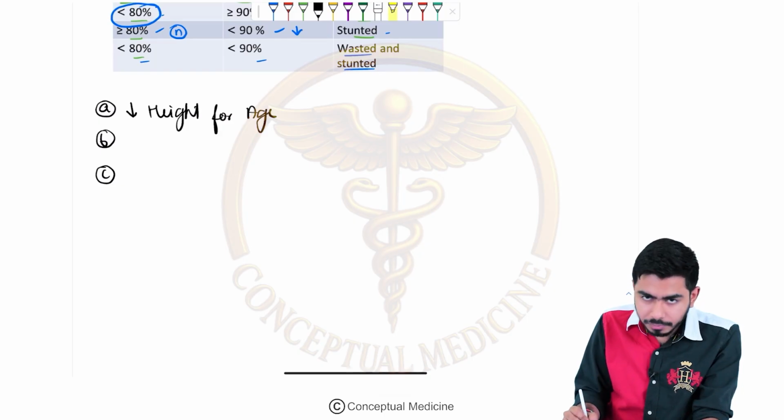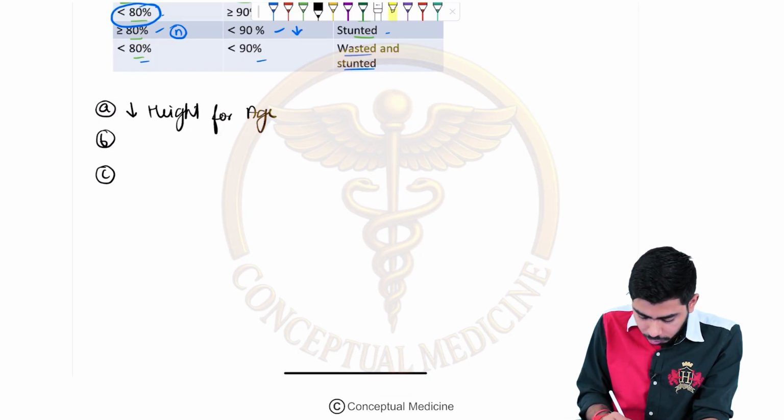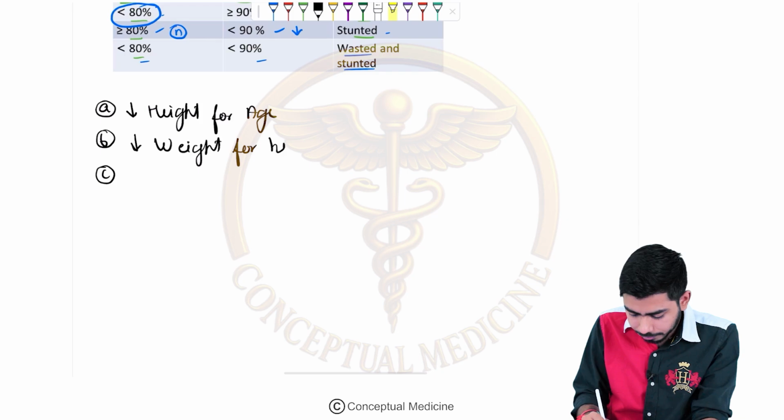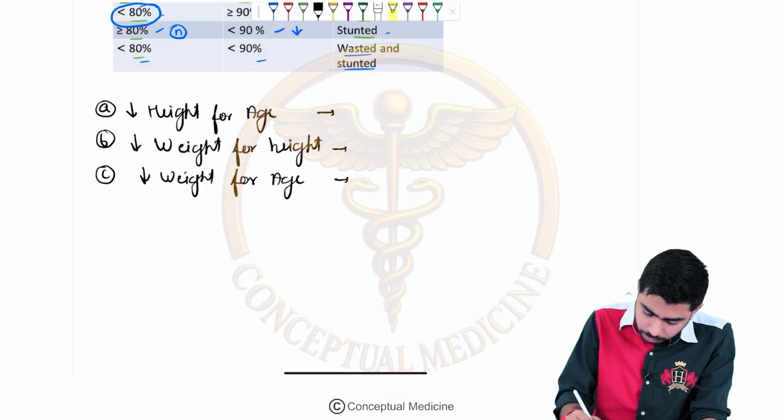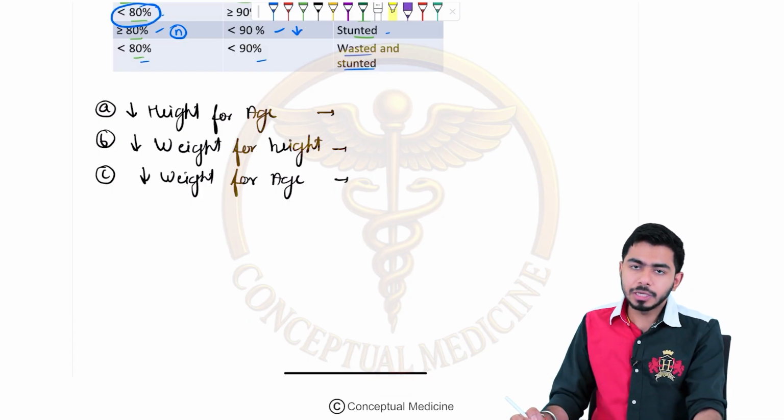Height for age, right? There could be low weight for height, right? And there could be low weight for age, right? So in these three conditions, what answers might you be giving me, right?